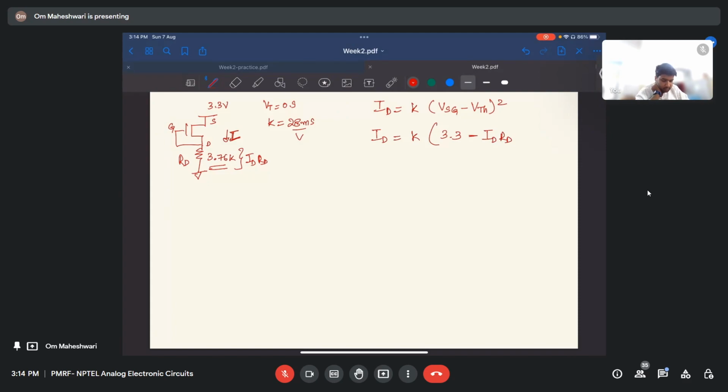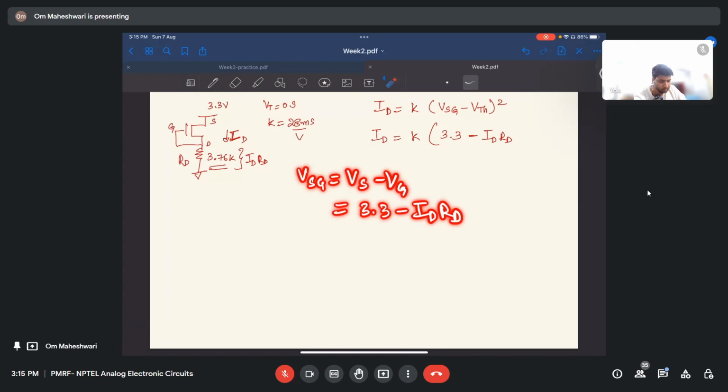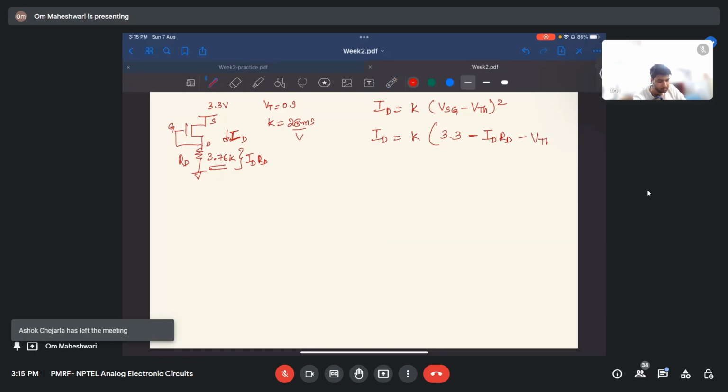What is the voltage drop across this resistor? If ID current is flowing, the voltage drop is ID RD, right? So the voltage at the gate is ID RD, and VSG equals VS minus VG equals 3.3 minus ID RD. So that is what I am writing here, minus VTH.